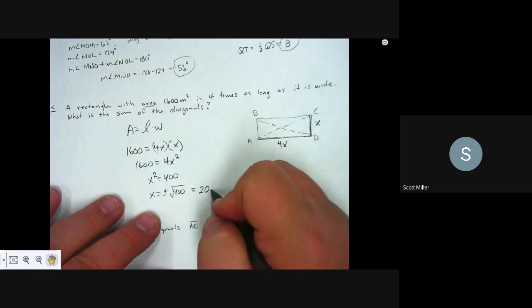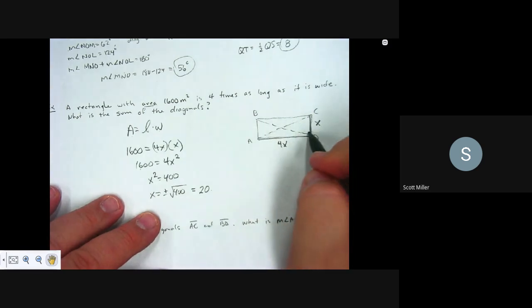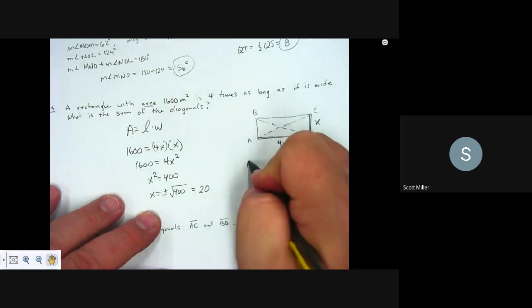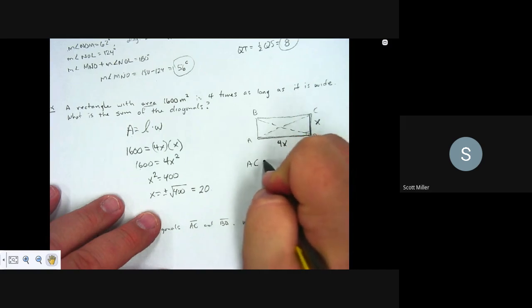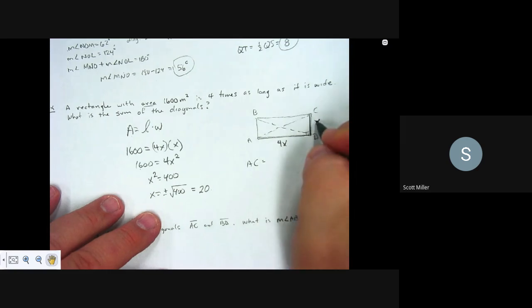So if x is 20, then what is the length of this? Well, this, because it's a rectangle, is a right triangle. And we already know Pythagorean theorem, so I know that the length of AC is equal to this squared plus this squared.